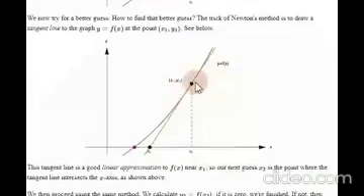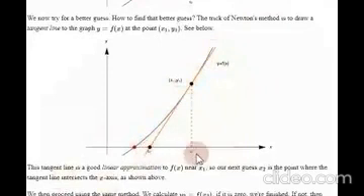Look at this, this is the tangent line at that point. We draw this tangent line and we consider the point at which the x-axis and the tangent line meet.